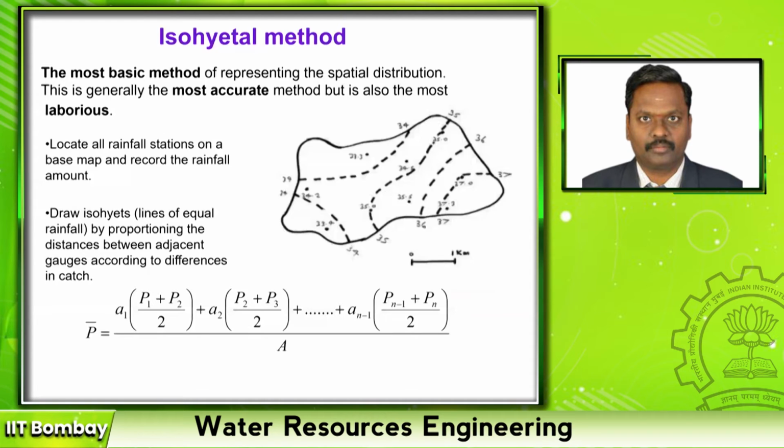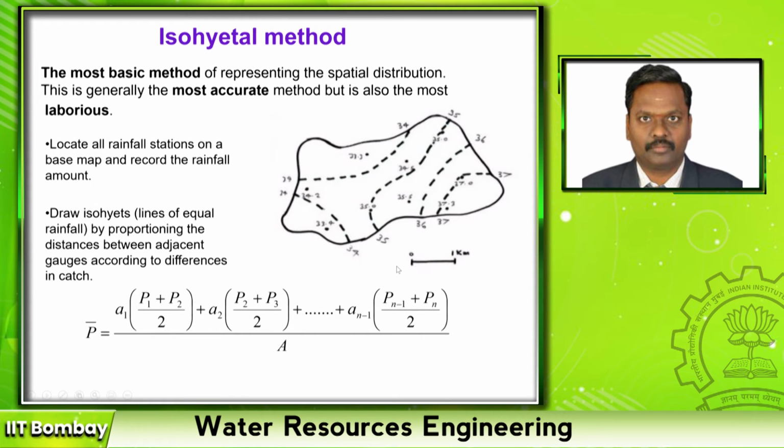For example, this station B is connected to station C, A, and this one more, I. Now I have drawn lines for all the three and drawn perpendiculars, right? This 1, 2, 3. So this area is represented by the rainfall of station B. Now you have to measure the area of this polygon and multiply with this rainfall.